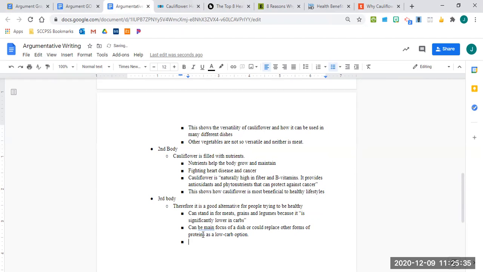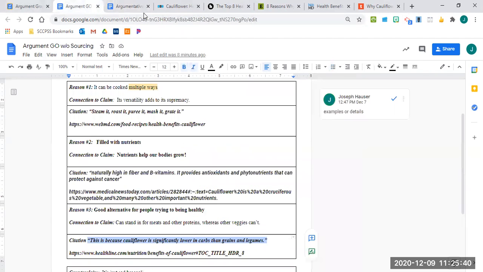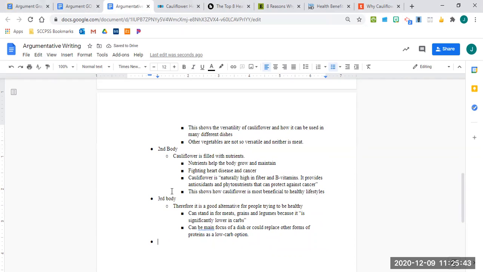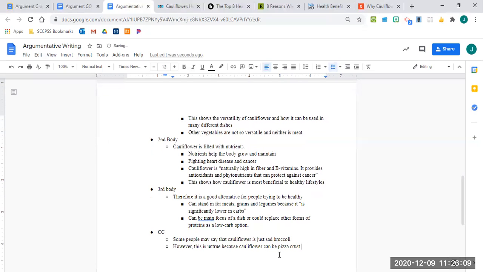Those are my three bodies, my three main supports. Some people may say, counterclaim. Some people may say that cauliflower is just sad broccoli. However, this is untrue because cauliflower can be pizza crust, whereas broccoli cannot.